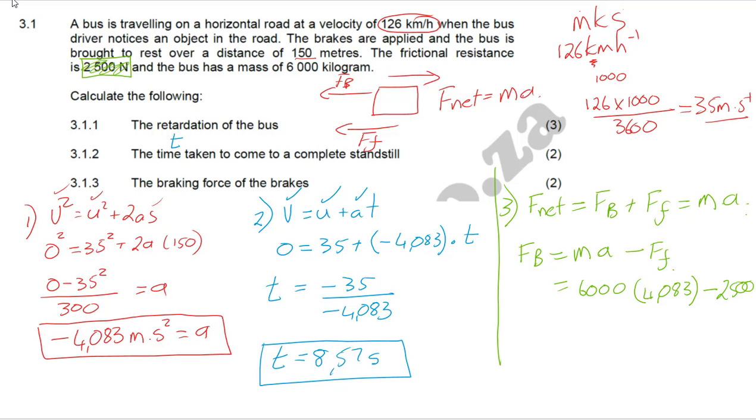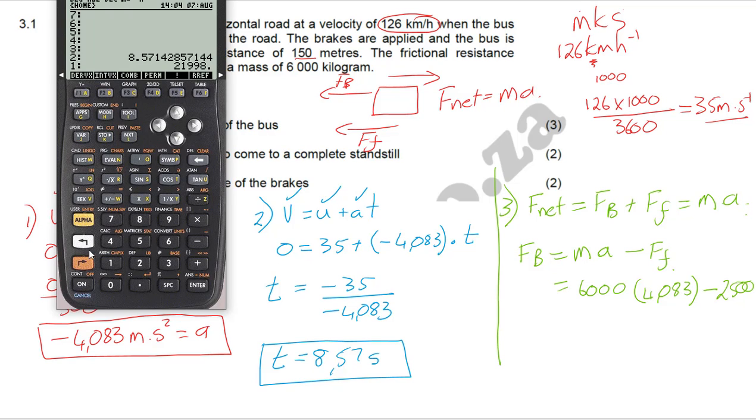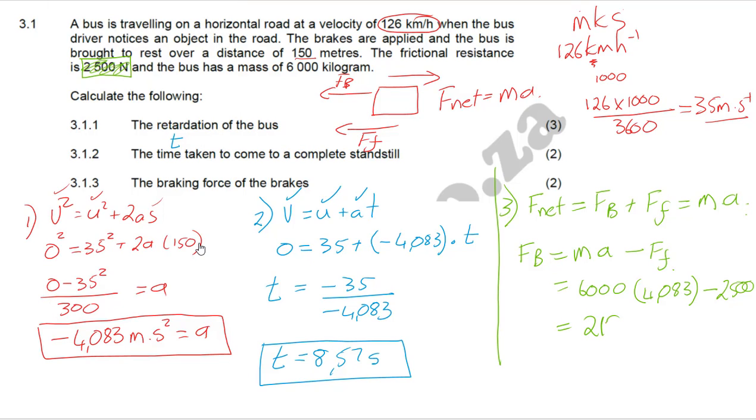Let's put that into the calculator and see what we get. So we will have 6,000 times the acceleration, 4.083, multiply them, and we need to subtract 2,500, gives us 21,998 Newton. And there we go, done.